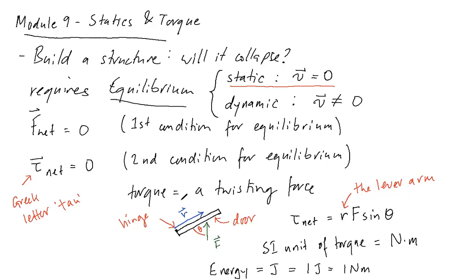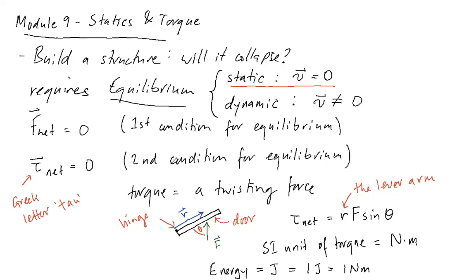So the direction of that torque is counterclockwise, which vector direction would be into the page. And if it was going clockwise, the vector direction would be pointing out of the page, right? So that's how you account for the vector nature of the torque.